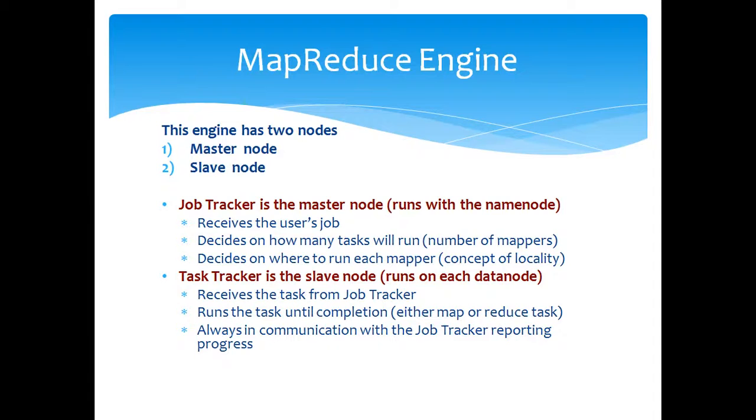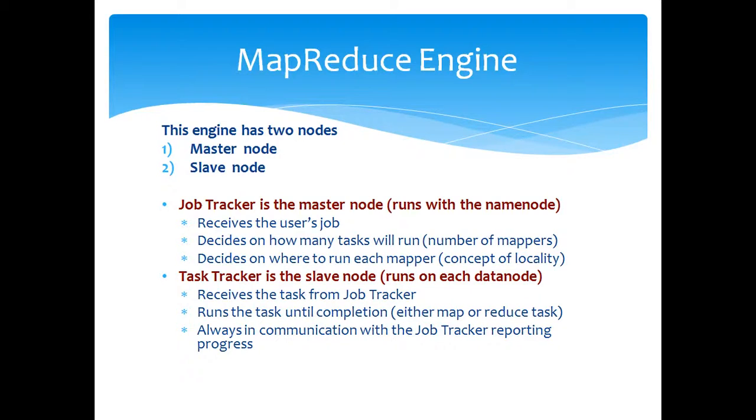The job tracker. The first point: when Hadoop gets the data, it goes to the job tracker in the MapReduce engine. It receives the user data, and the master node is the main part which divides the data into different parts.